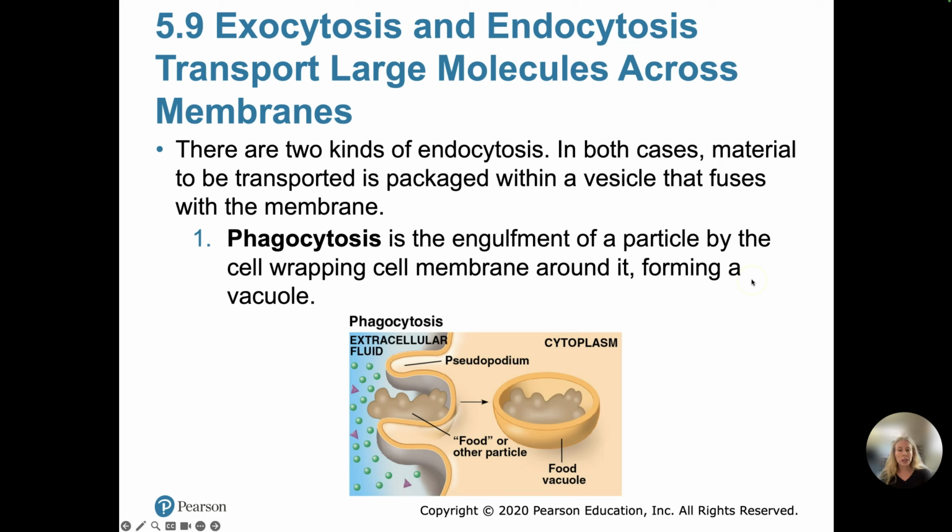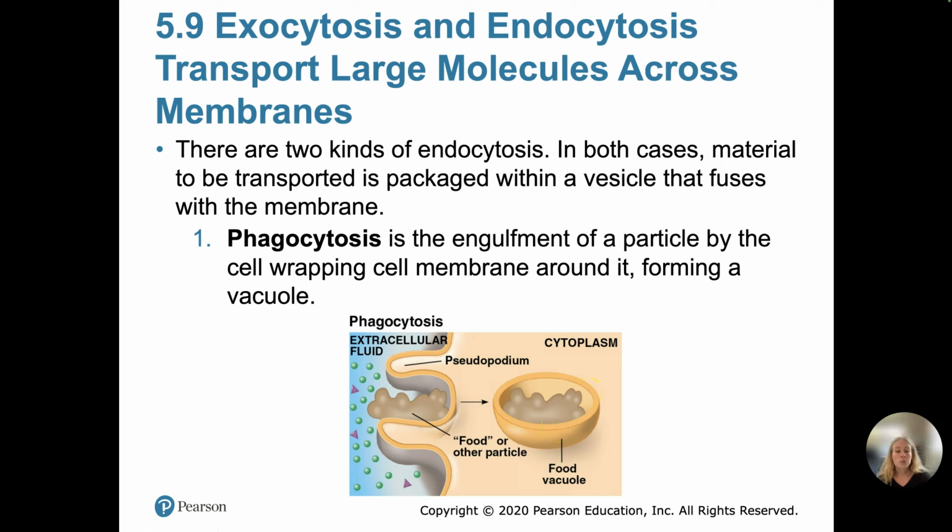Phagocytosis is the engulfment of a particle by the cell wrapping a cell membrane around it, which forms a vacuole. You can see this happening here. The cell stretches little appendages of plasma membrane called pseudopodiums out around the food or other particle and then completely envelops the particle, forming a vacuole, which then pinches inside of the cell.